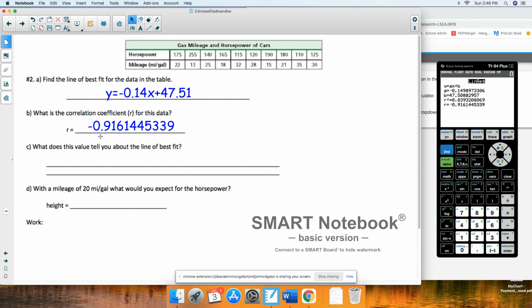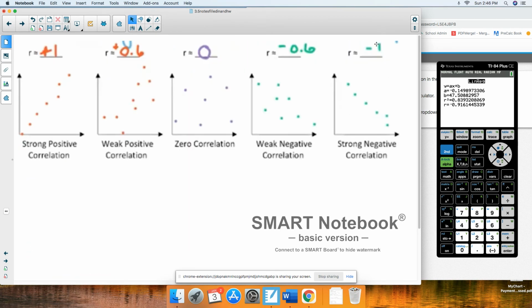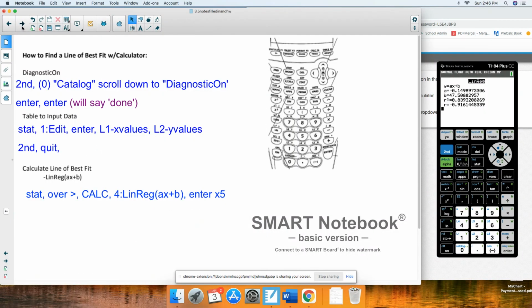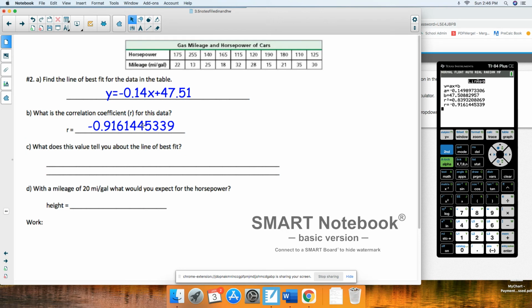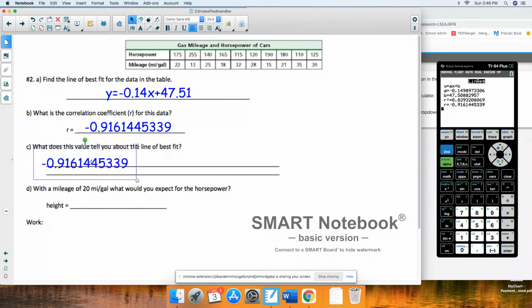Again, noticing what we have in our notes, if the r value is very close to -1, we have a strong negative correlation. So what does this tell you? We have a strong negative correlation and slope.